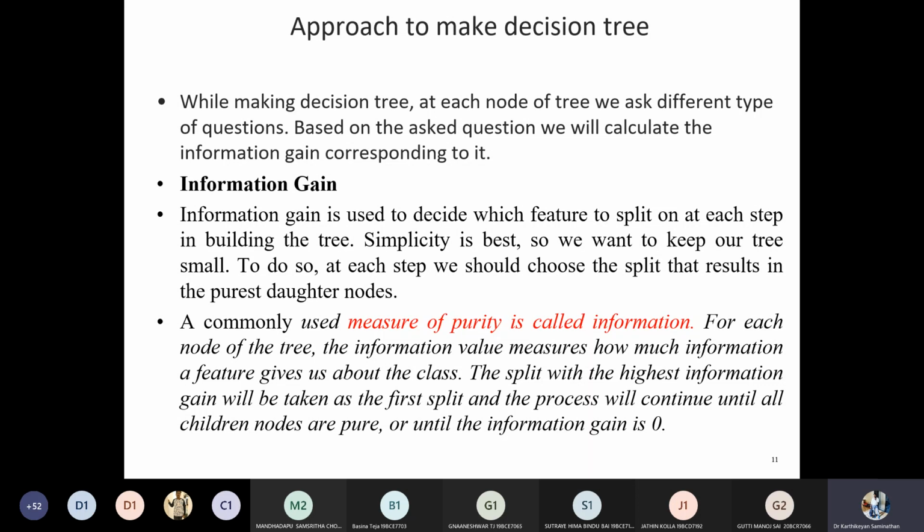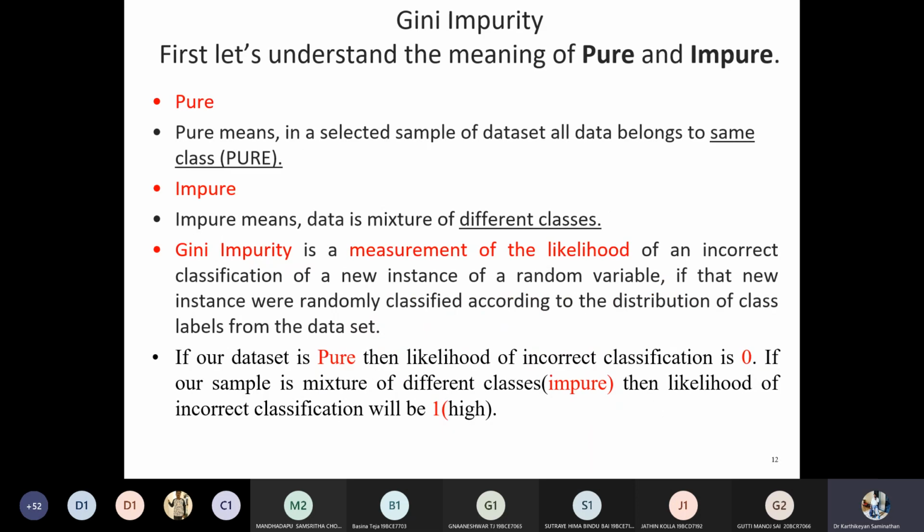Based on purity, the measure of purity is called information here. Information means the perfect data, the best classifier. In machine learning books you may see pure data and impure data.